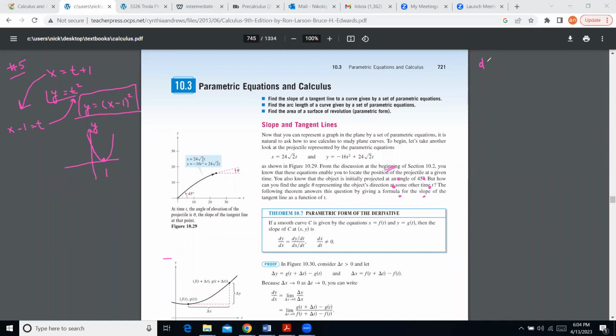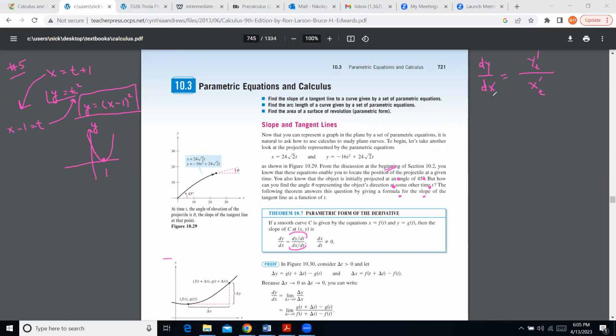So the derivative we used to write as dy over dx, and the way they define it is y prime divided by x prime of t. So you have two functions with respect to the parameter t, and you take the derivative of the first and divide by the derivative of the second. And that's how you get dy dx.